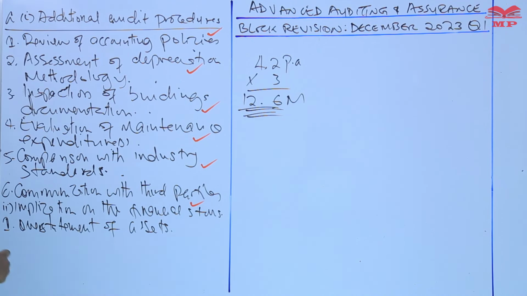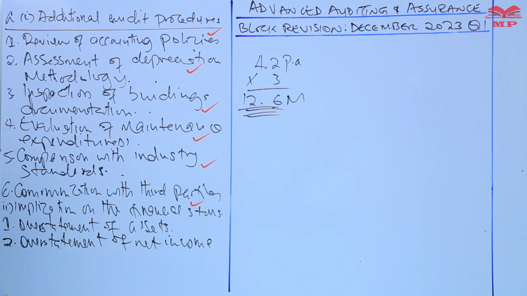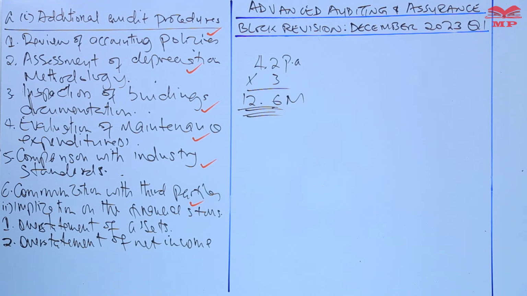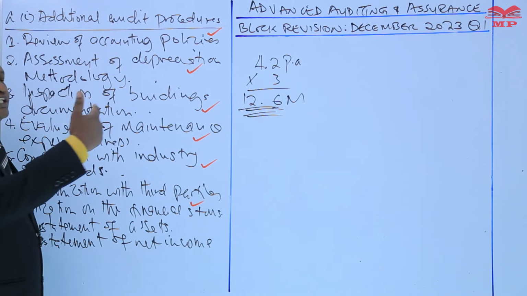That's the first implication. The second implication is the overstatement of net income. The net income is overstated as well, because depreciation expense is deducted from revenue to calculate net income. By not recognizing depreciation, the company's reported net income would be higher than it should be.